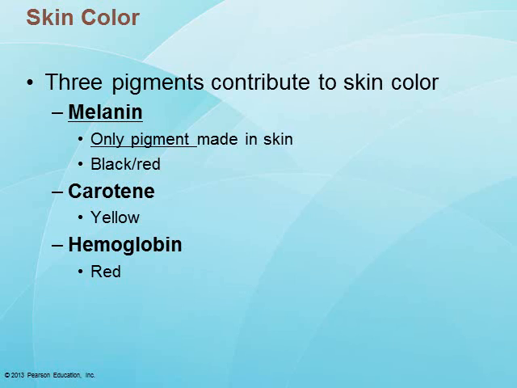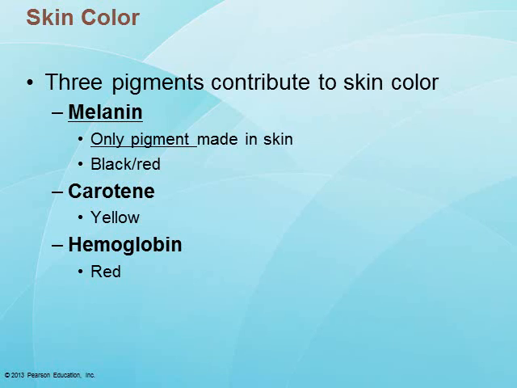Different people have different skin color, and skin color is mostly determined by our genes, by the genetic material, the DNA. Skin color comes from 3 different pigments: melanin, keratin, and hemoglobin.